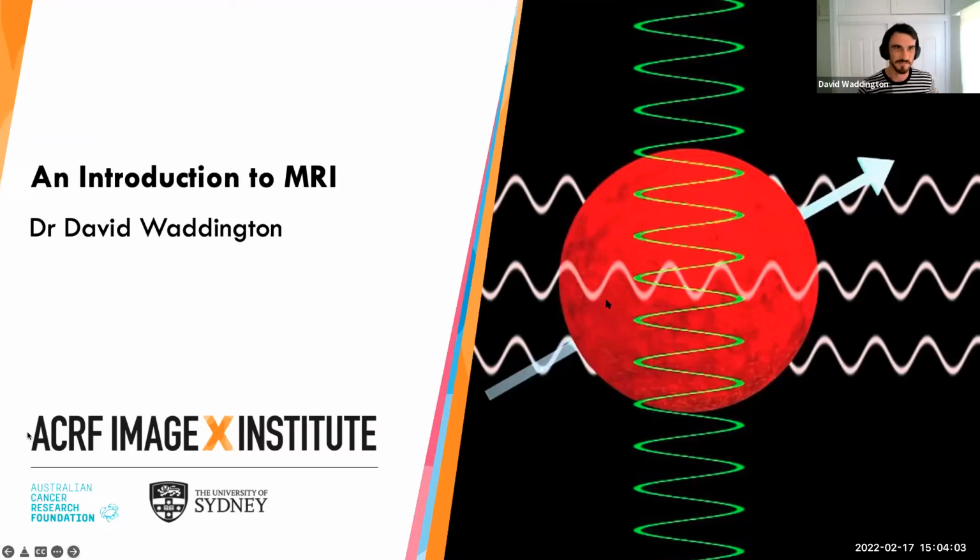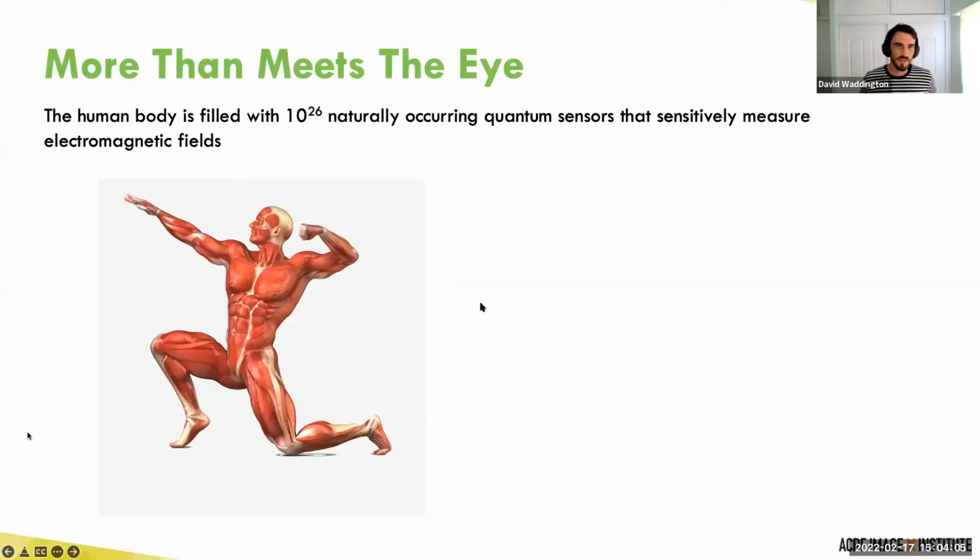So yeah, jumping into it. I think I want to start by saying that, as always, there's a lot more to physics than maybe it first meets the eye. And one of the things that I think is kind of interesting about MRI is that it takes advantage of sort of an Avogadro's number, 10 to the 26, of natural quantum sensors that already exist inside you.